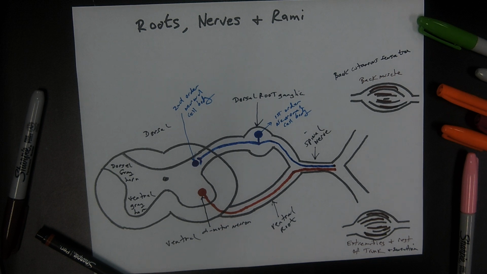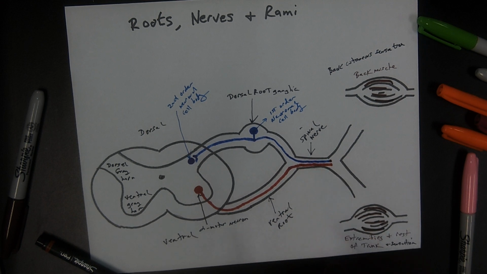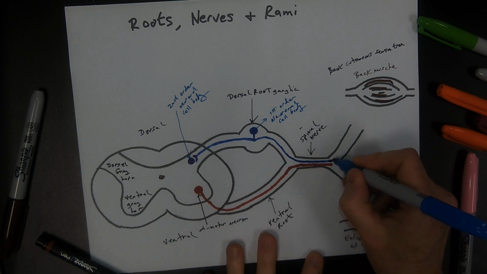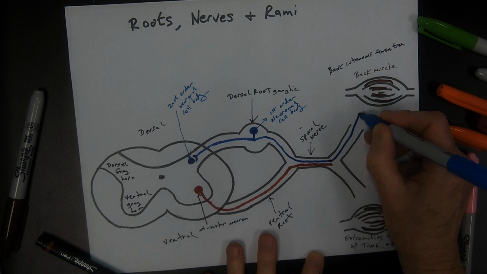Okay, so your spinal nerve, in contrast to the root, carries both motor and somatosensory information. Somatosensory information coming from back musculature travels through this structure here.